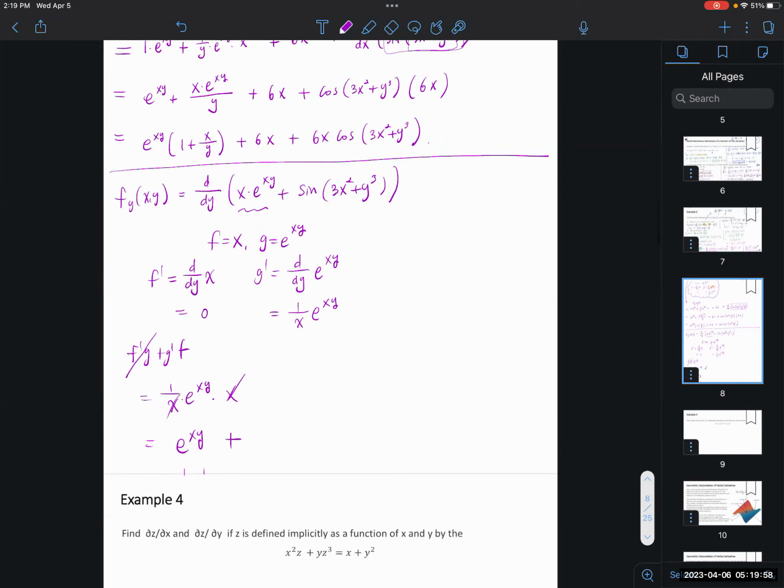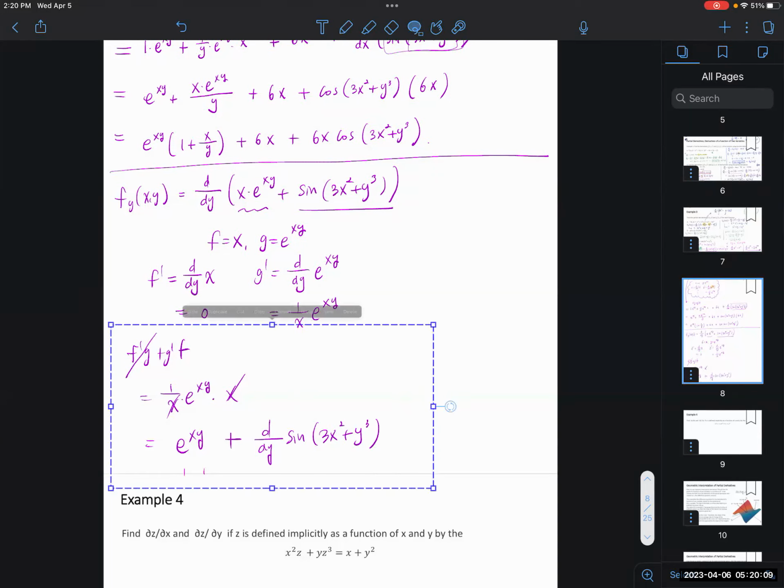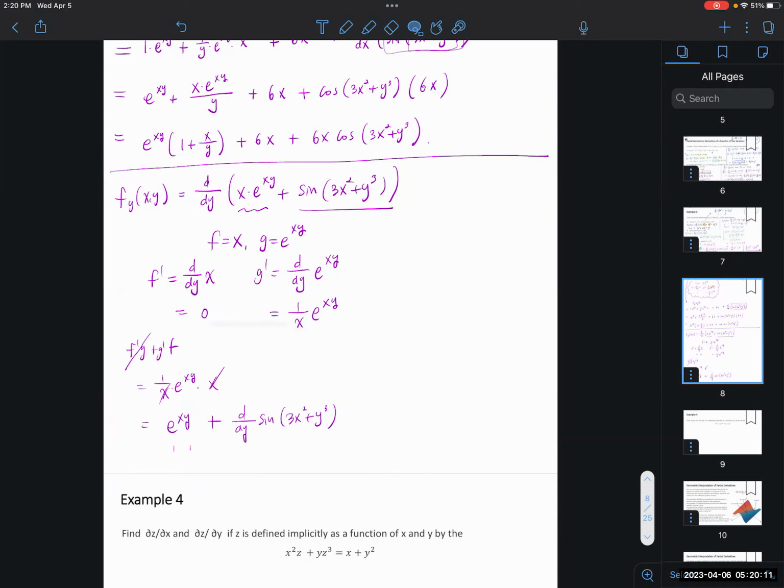Plus, we still need to do the second term, d over dy of sine of 3x squared plus y to the third. Sorry, it's a little bit of work, but I think we can handle it. So now outside, inside, outside, inside. So e to the xy plus sine will be cosine anyway.